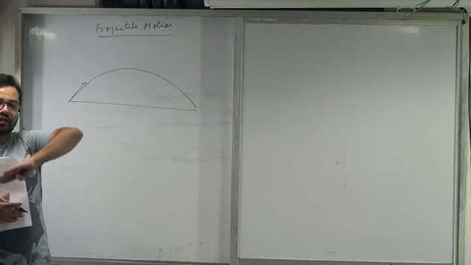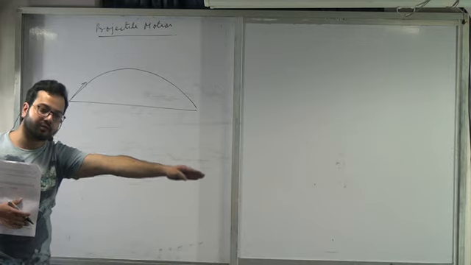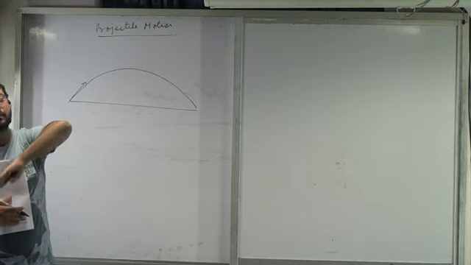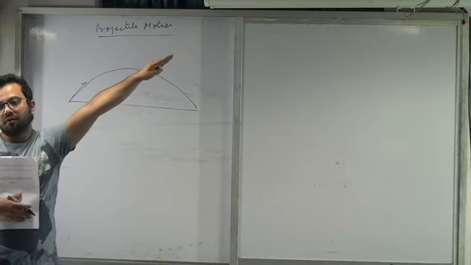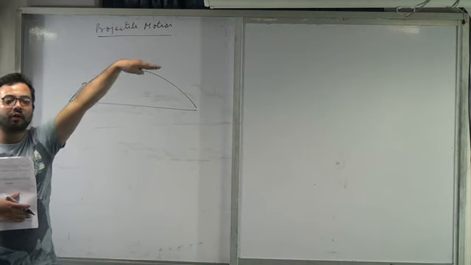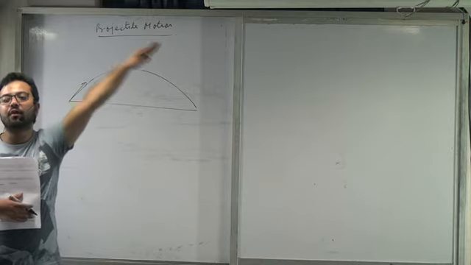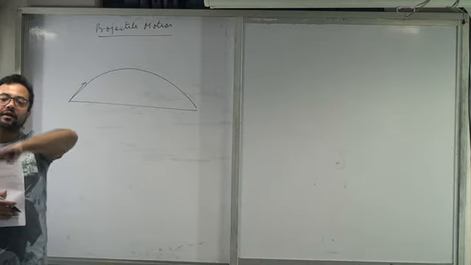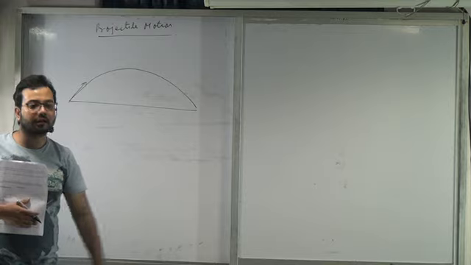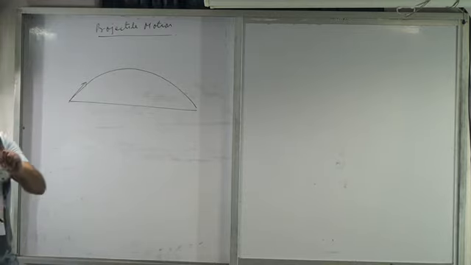That is, the projectile starts from ground and ends at ground. It's not that we are going to throw the projectile to a window of a building. We're not going to do that. That is not a ground-to-ground projectile. Ground-to-ground means it starts from ground and it has to end at the ground. Is that clear? That is one.